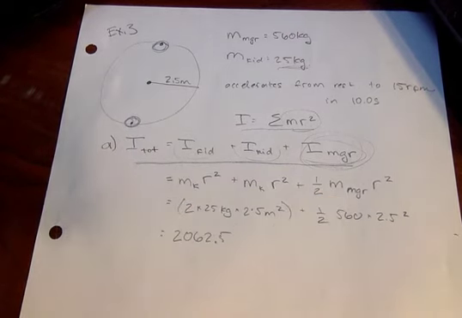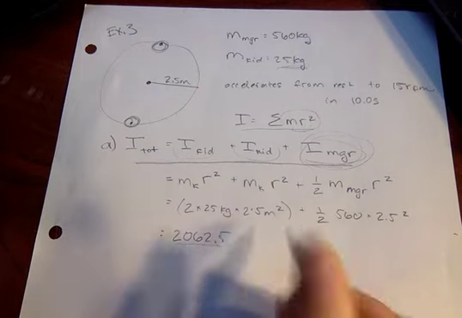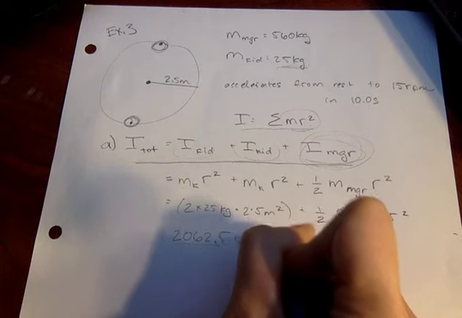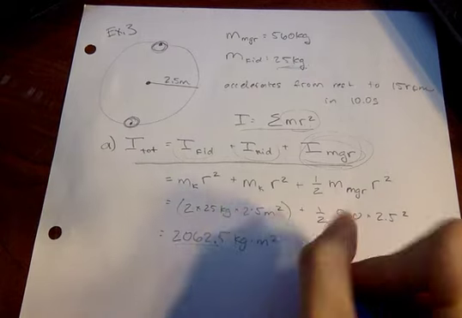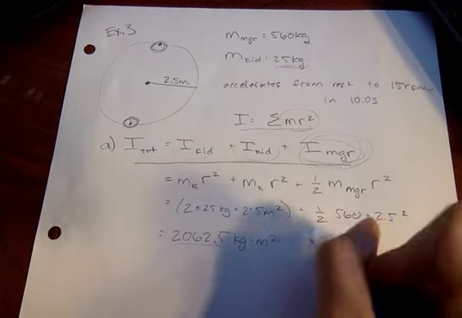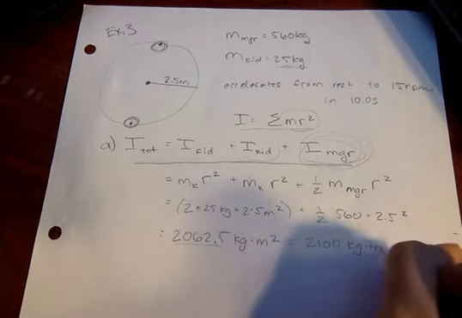We don't have any special unit for rotational inertia, but it's a mass times a length squared, so it must be kilogram times meter squared. Now I want to write this with the correct number of sig figs. Going back to the problem, one of the values has 3 sig figs, but all the rest have 2, so I will round to 2 sig figs, which means I'm going to write that as 2100 kilograms times meter squared. That's my answer.